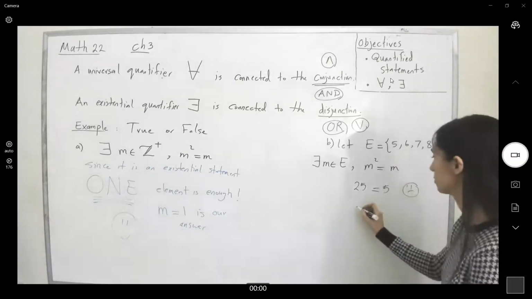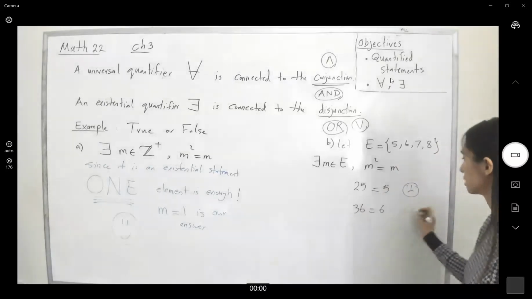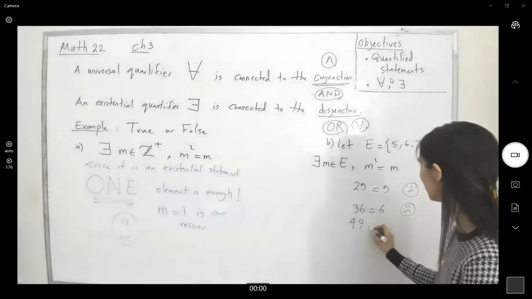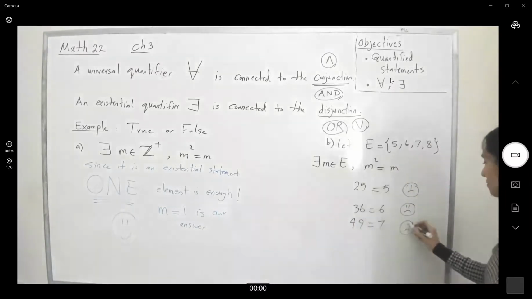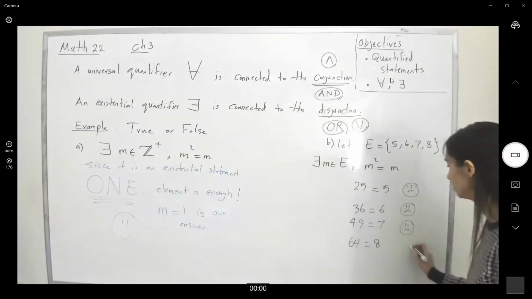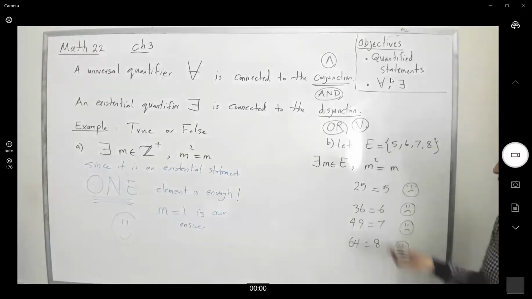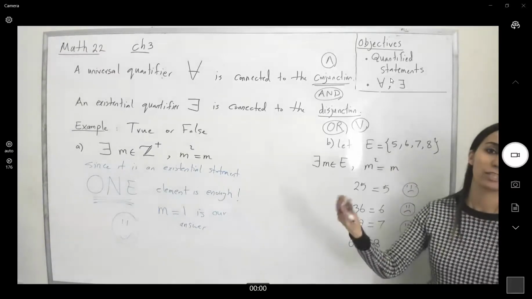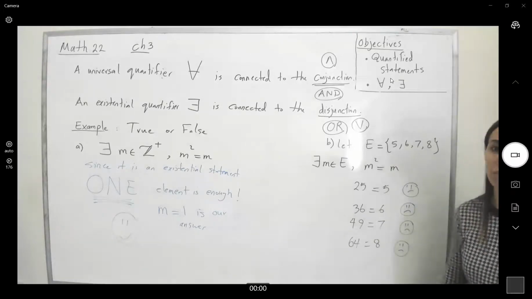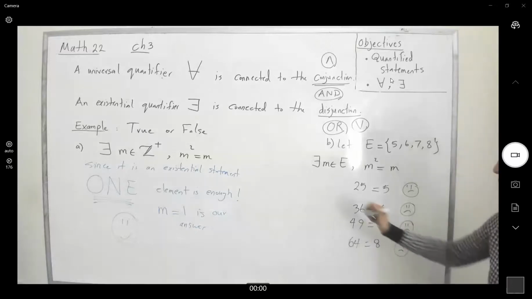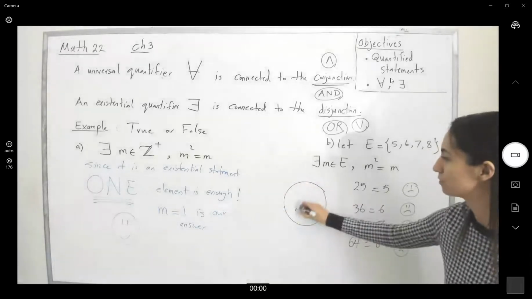What about the second number? 36 is equal to 6? 49 is equal to 7? 64 is equal to 8? So as you can see, since the domain is given to us, we cannot find at least one member. None of these members are the solution here. So it's not true.